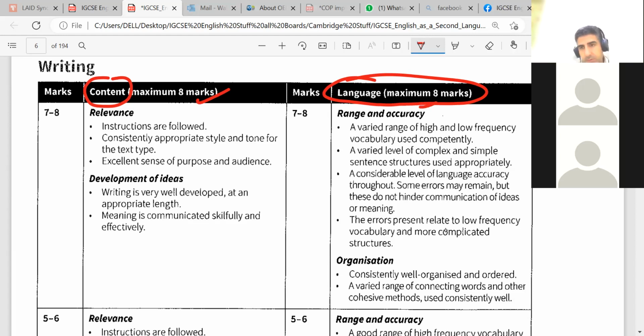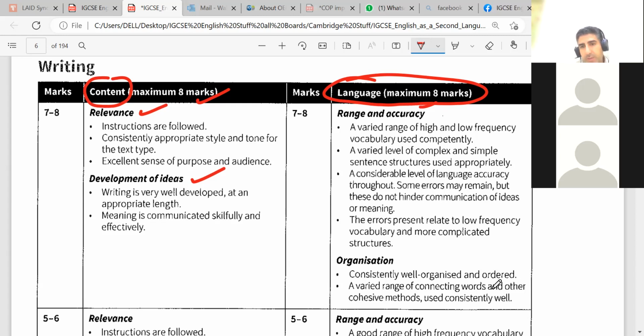But what about content? When I consider your writing content, number one, I need to check your relevance, the relevance of your writing, and development of your ideas. Again, content covers only two main factors. The relevance: are you writing the required topic or are you off topic?